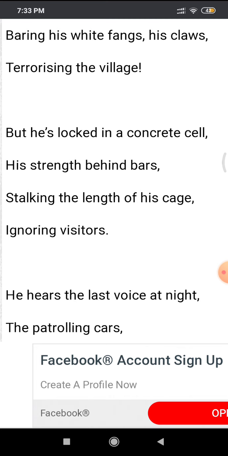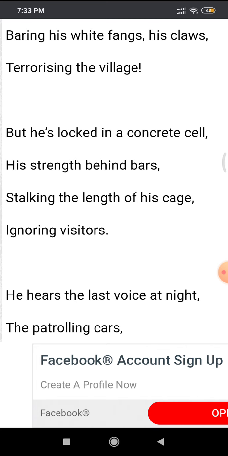Okay, he is locked in a concrete cell. His strength behind bars, stalking the length of his cage.